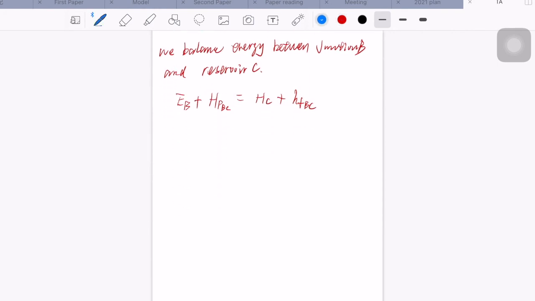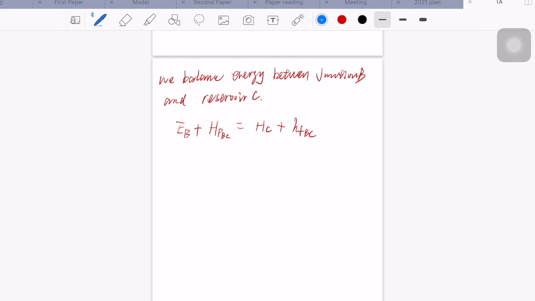And the total energy head at the junction B we have determined before. So the EB equals 34.5 meter. And we also determined HPBC equals 90 meter before.